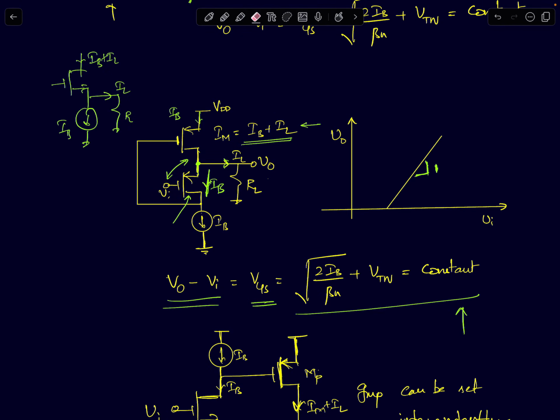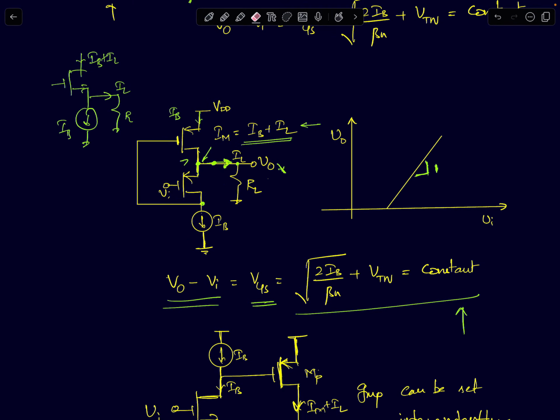How is that flowing? For example, let's say you connect a load resistor suddenly to the circuit, you are going to draw some current through the load resistor. So this node voltage will dip, it will decrease. So immediately, if this node voltage decreases, this structure will act like a common gate amplifier.